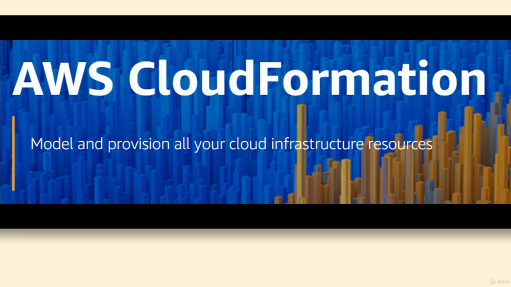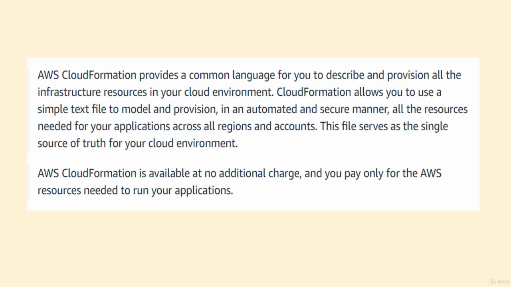So what is CloudFormation? With CloudFormation, we can model and provision all our cloud infrastructure resources. It provides a common language for us to describe and provision all infrastructure resources in your cloud environment. It allows you to use a simple text file to model and provision, which is similar to JSON, in an automated and secure manner.